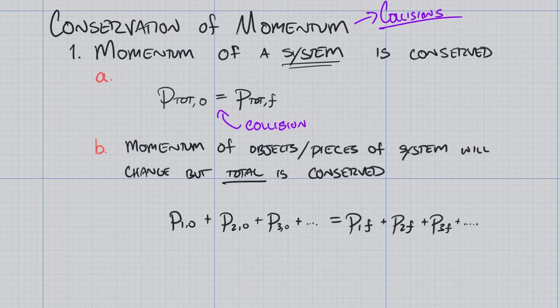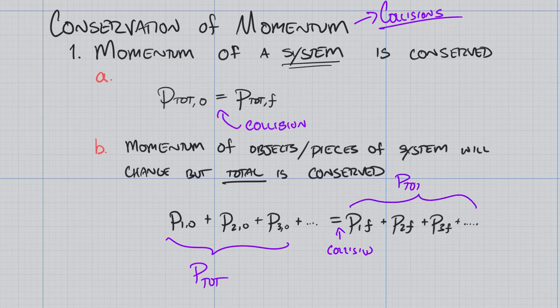So the total is simply the momentum of 1 plus the momentum of 2 plus the momentum of 3 equals the momentum of 1 plus momentum of 2 plus momentum of 3. This really is the equation. This is our collision right here, this is the total before, and this is my total after the collision.